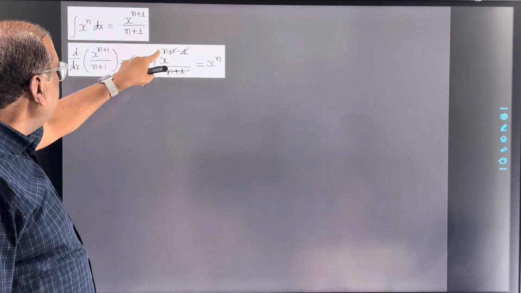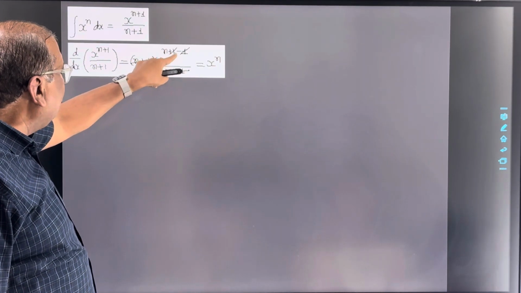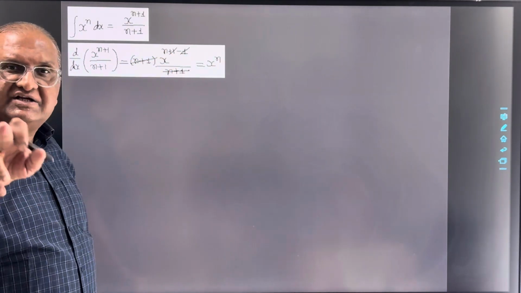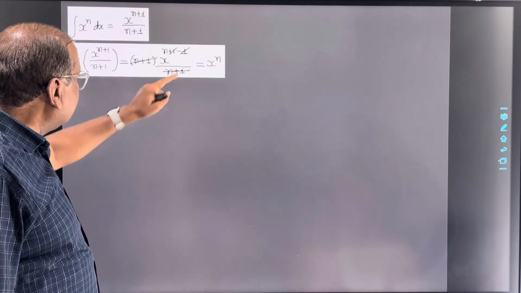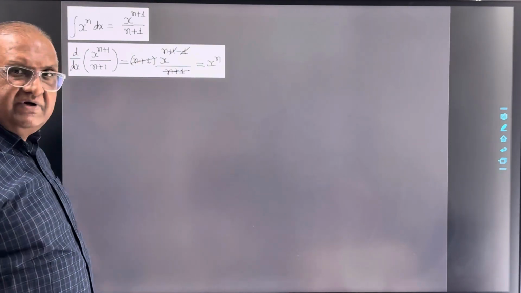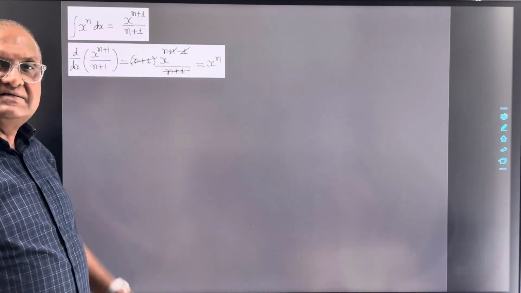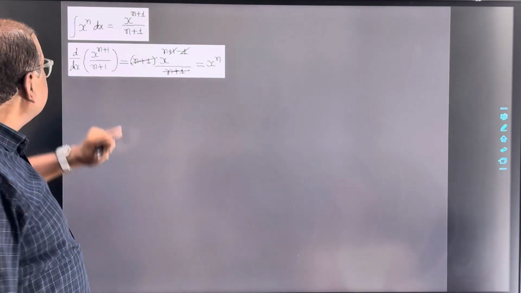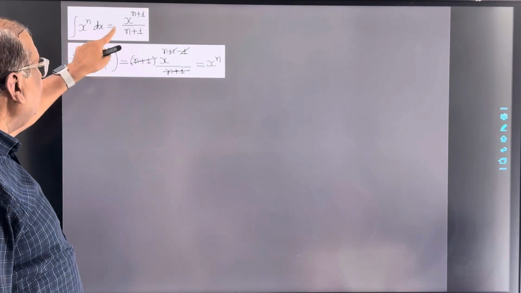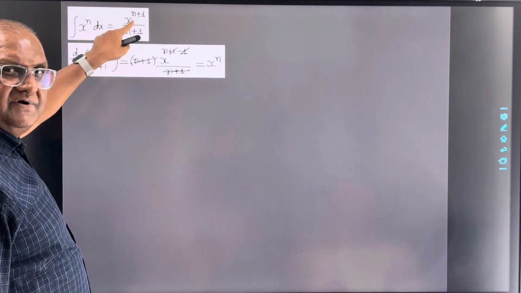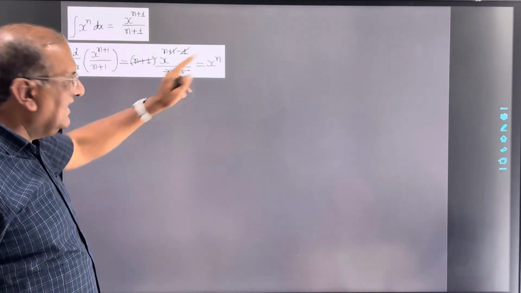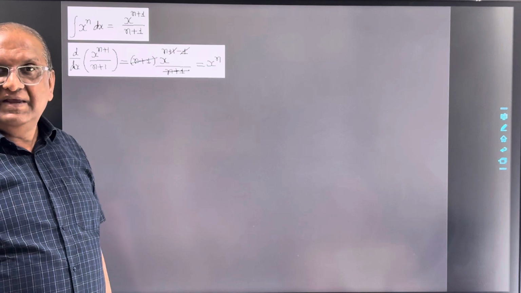Then x raised to n plus 1 minus 1, so it is decreased by 1. Denominator is as it is, n plus 1 cancelled. Here 1 cancelled. So your answer is x raised to n. So first if you integrate x raised to n, and then if you take differentiation of the answer, you will get again the function itself.